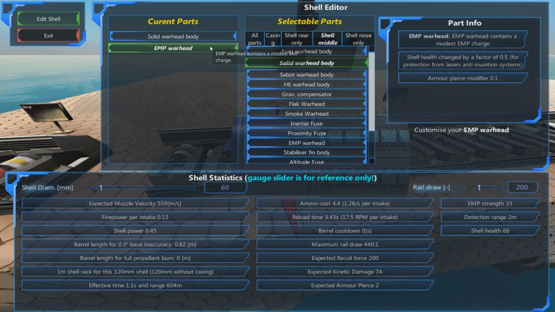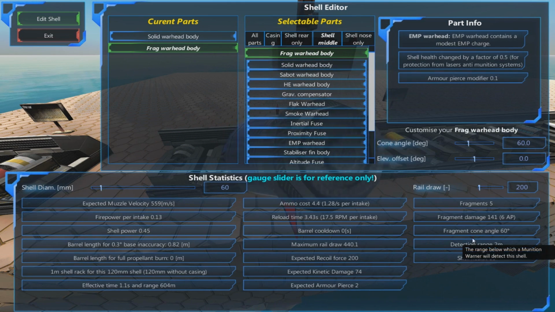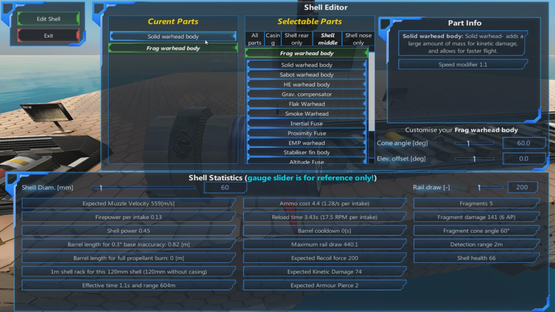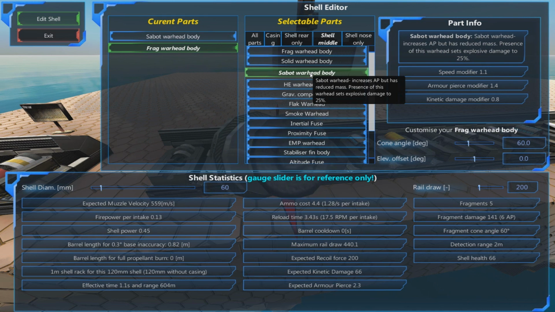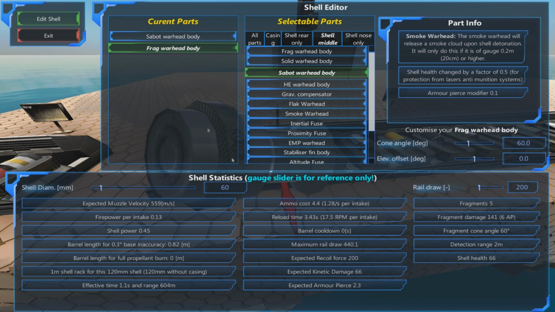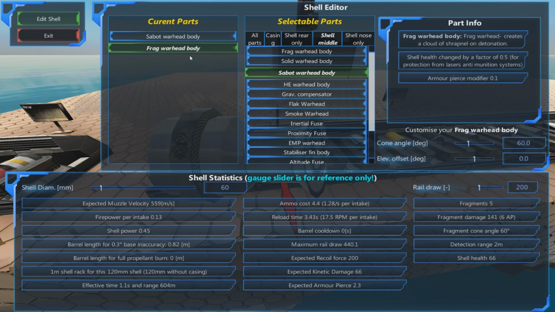And now back to solid, and Frag. So, 1 for 1 and 5, 5 and 1 for 1, and we go to Sabot warhead. Oh, hello. That didn't change at all. I have no idea if that is intentional with the update that just happened, but you can use Sabot warheads and Frag warheads, and also Sabot heads and Frag heads. Well, not both of the heads at the same time, that would be weird.